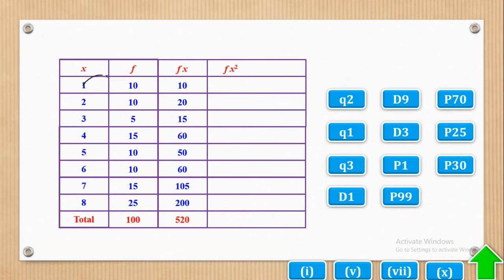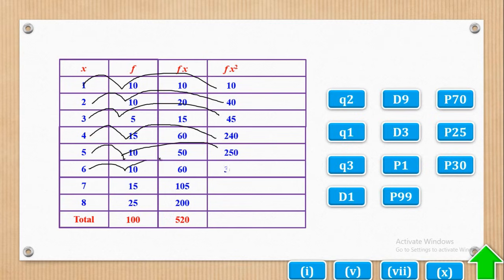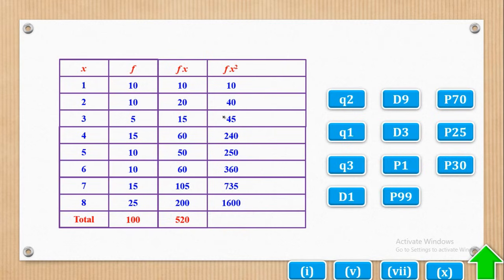So 1 squared times this gives me 10. 2 squared times this gives you 40. 3 squared times this gives you 45. 4 squared times this gives you 240. 5 squared times 10 gives you 250. 6 squared times 10 gives you 360. 7 squared times 15 gives you 735. 8 squared times 25 gives you 1600. Now also I have to add all these values, and when I add all of them, I'll come up with 3280.